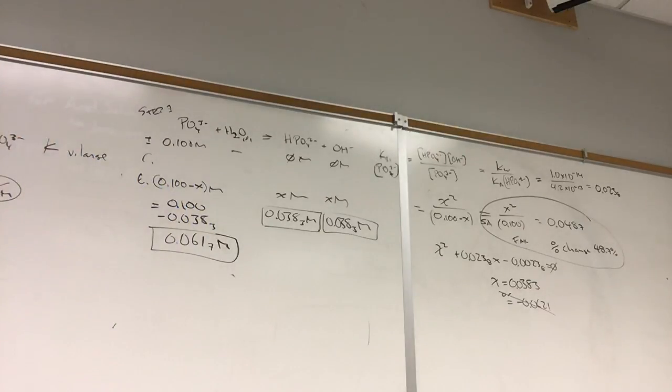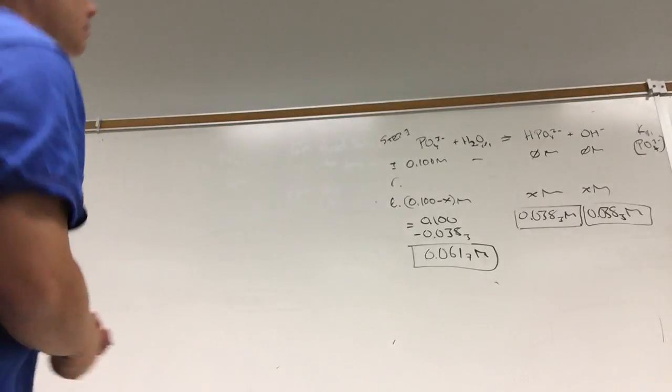All right, but this is a polybasic base. Since this is a polybasic base, there can be more hydroxide produced from Kb2. So we just did Kb1. Let's go on to Kb2 for this.